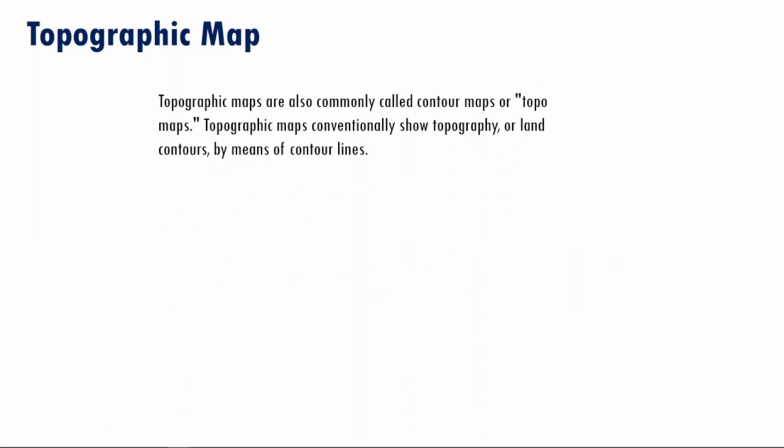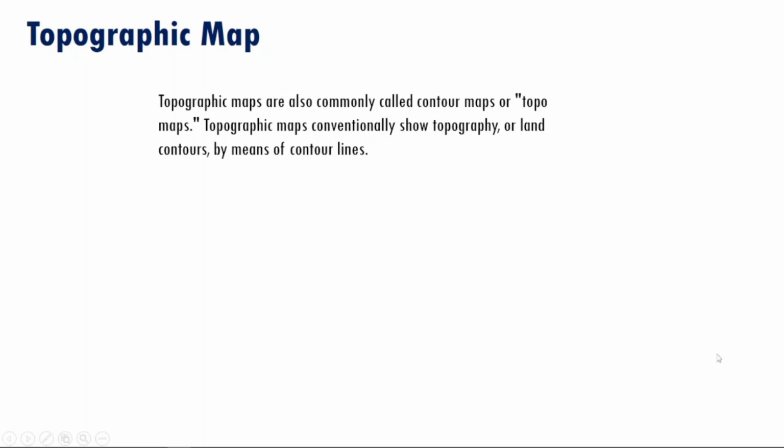First question that we encounter is topographic map. Topographic maps are also commonly called contour maps or topo maps. Topographic maps conventionally show topography or land contours by means of contour lines. Someone may ask, what are contour lines?